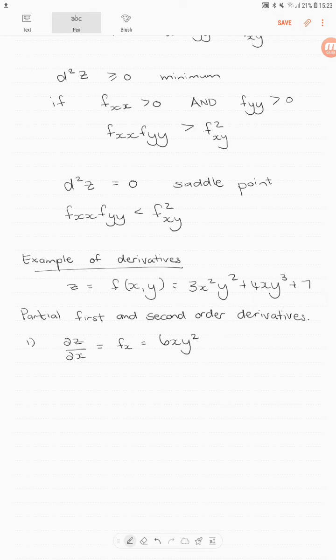Let's just make a note: y kept constant.